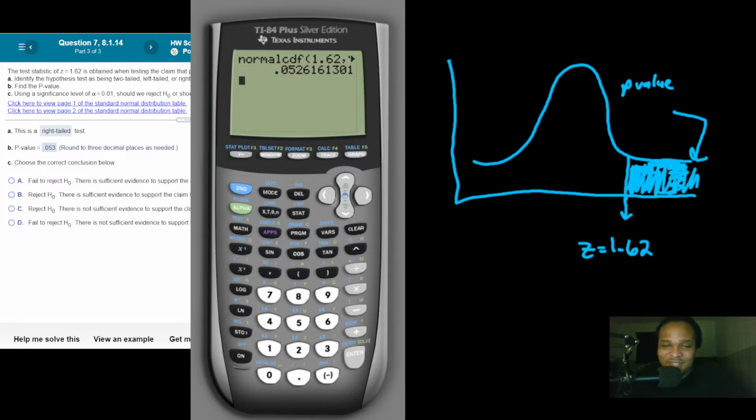All right, so when your p-value is less than your significance level, they call it alpha, which we call sig level. When your p-value is less than your sig level, you're going to reject.